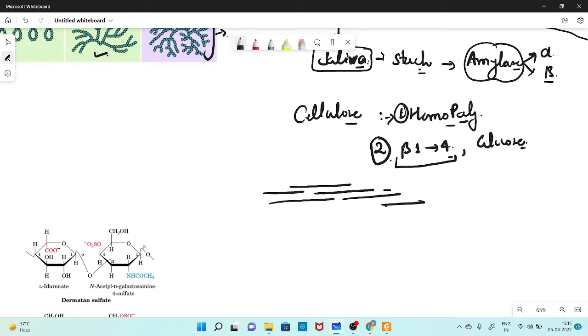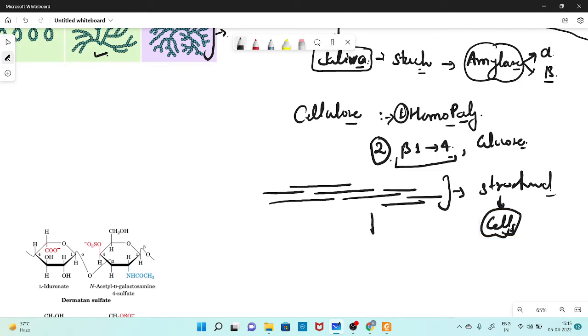right? It does not make any branch structure, and due to this bonding they are called structural homopolysaccharides, right? They are important for the maintenance of the shape and integrity of your plant cells, right?